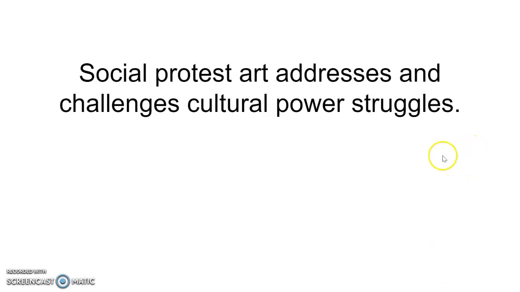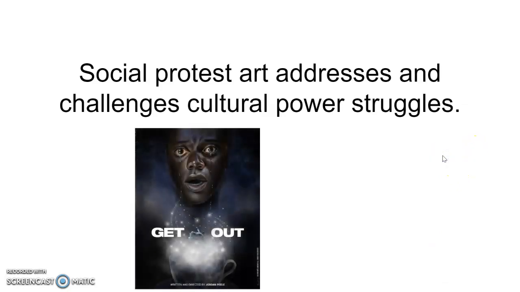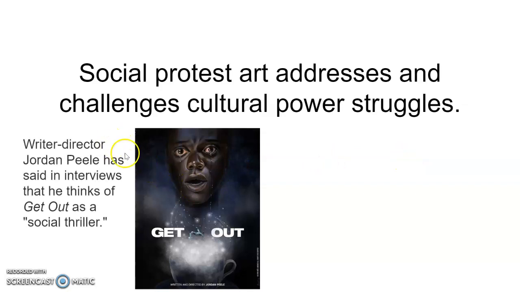So I wanted to return here to our example of Get Out, which is a film that came out a couple years ago. And although it has funny moments, it's primarily a horror film that actually has racial anxiety at its center. The writer and director Jordan Peele has said in interviews that he thinks of Get Out as a social thriller.